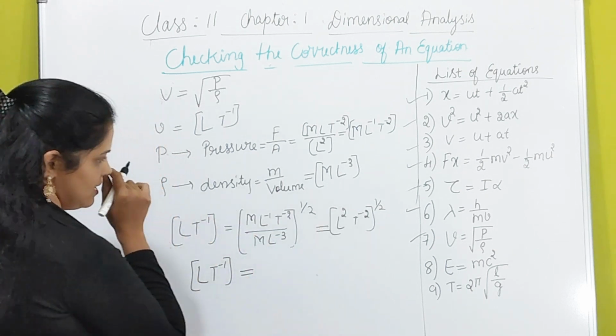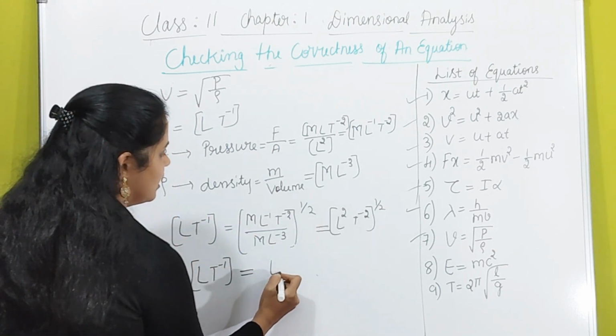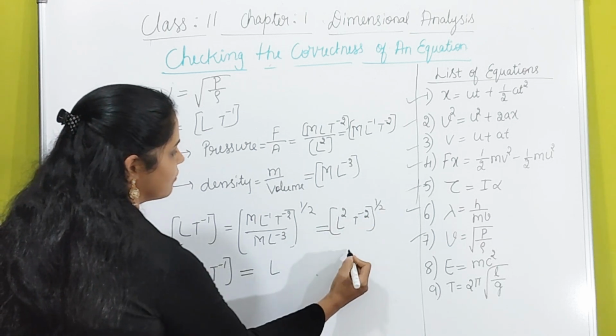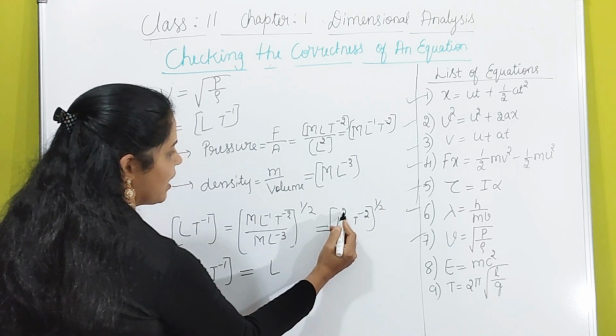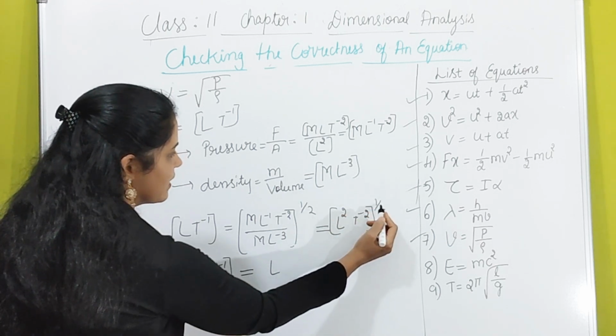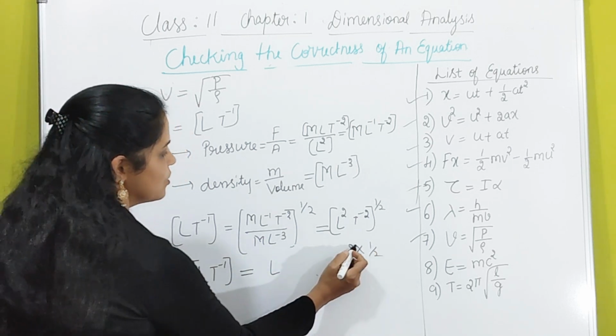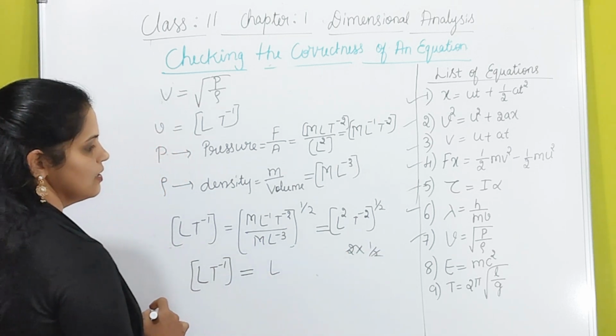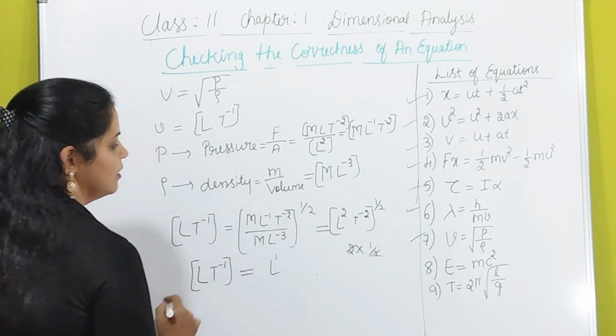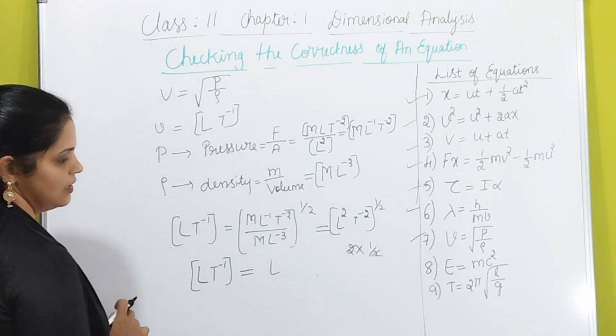Now let us simplify this right hand term. If the power is 2 and it is raised to the power half, you have to multiply. 2 into half cancels, right? So therefore it is 1. If it is 1, don't write it, keep as it is.